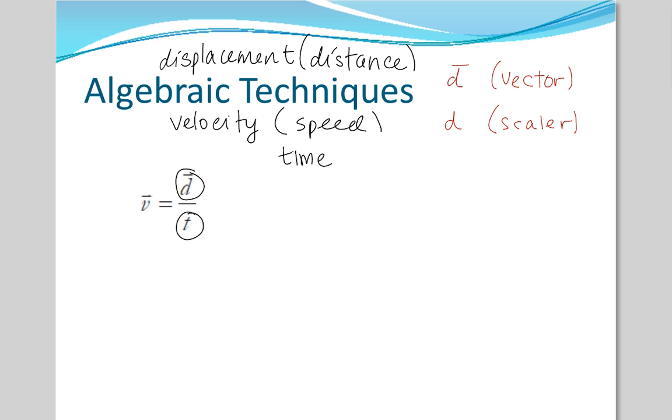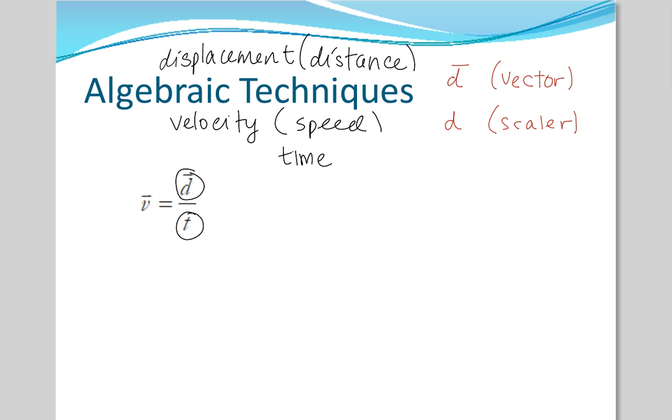The larger this d is and the smaller the t is, you're going quite fast. What's the fastest thing in the universe? Speed of light. Is there anything faster than that? No. So there's a universal speed limit. And Einstein said that right at the beginning of the 1900s, and Einstein's never wrong. So you can just take it for granted.